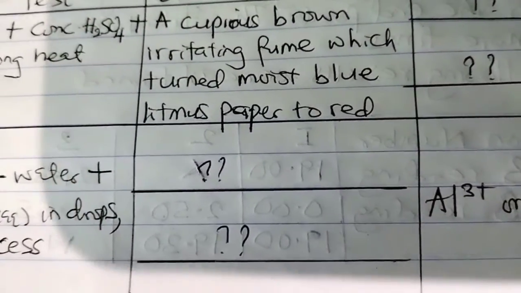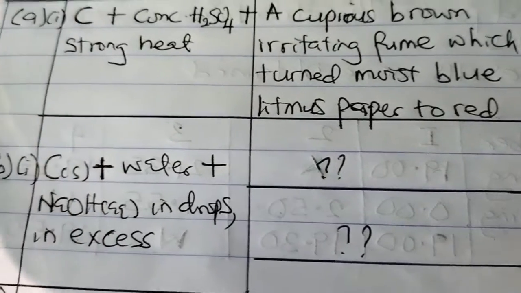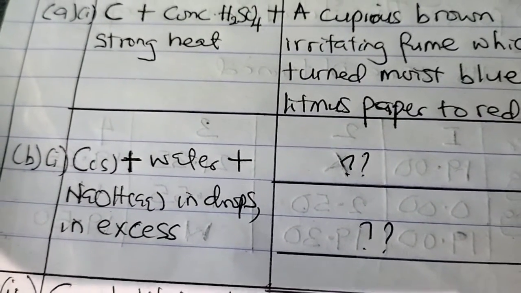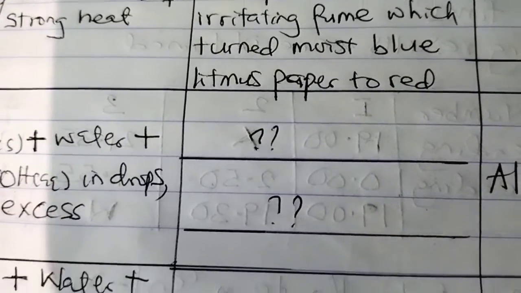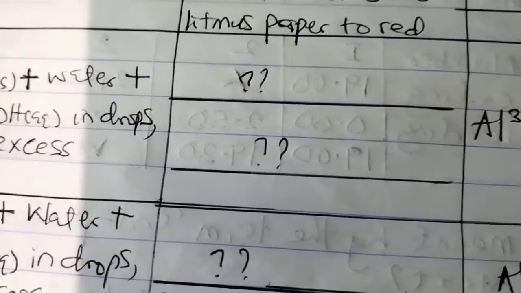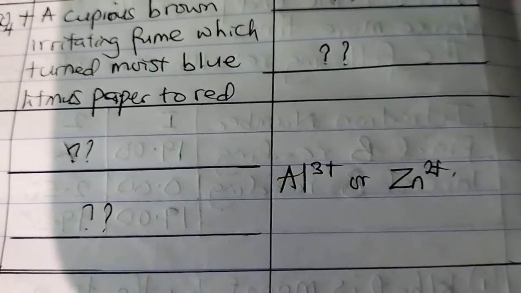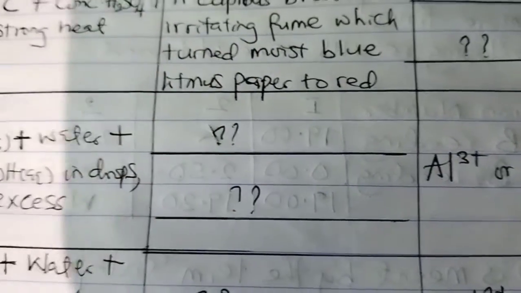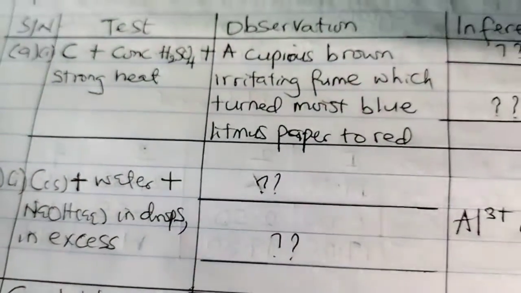The observation we have to fill. There are 2 lines there. You're going to fill in what happens when you add C and water and the hydroxide in drops. Then the next line is when you add the hydroxide in excess. The inference will have aluminium ion or zinc ion. So we'll go to our results and see what the inference should be.